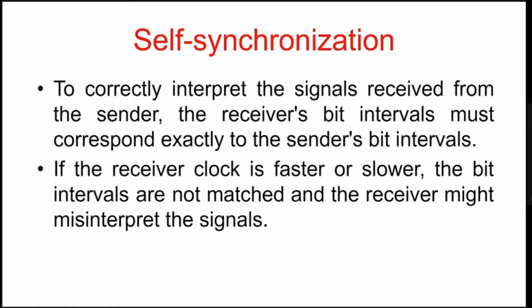If the receiver clock is faster or slower, the bit intervals do not match and the receiver might misinterpret the signals. So self-synchronization always checks based on the clock, whether the sender clock and the receiver clock have the same interval between bit transmissions.